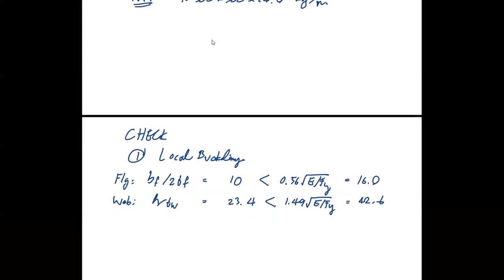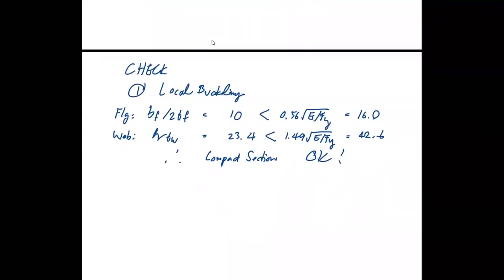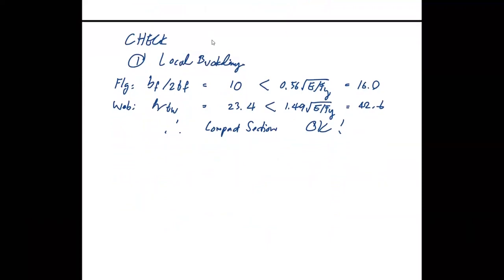So we'll say now compact section. Okay. Step number 2 is the lateral buckling.